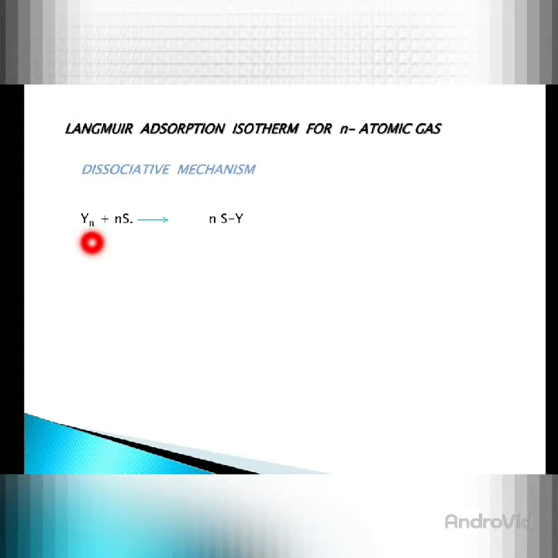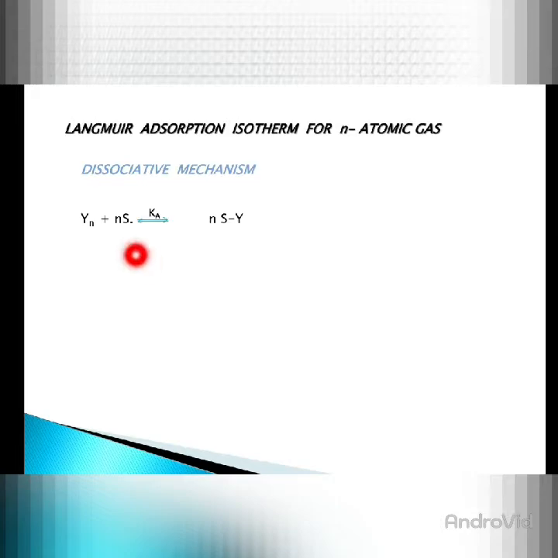The n atomic gas at first dissociates to nY, and then this nY forms n number of adsorbed Y. This SY means Y adsorbed on the surface S. S is the surface, Yn is the n atomic gas molecule.